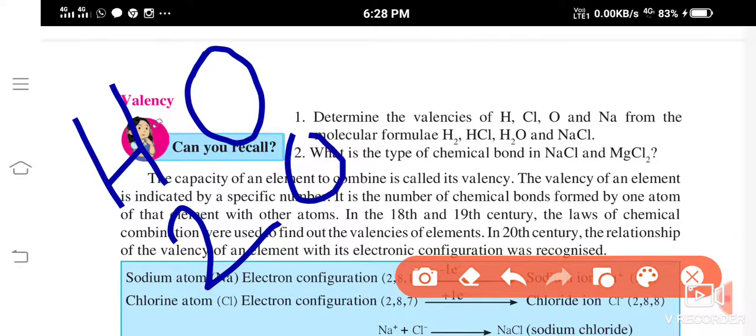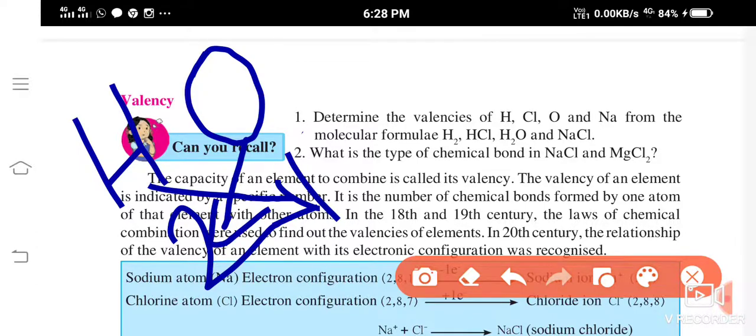And for O, it is 1. So the valency of hydrogen is how much? 1. This is indicating the valency of hydrogen. And the valency of oxygen is how much? 2. This is what was taught to you in the previous class.